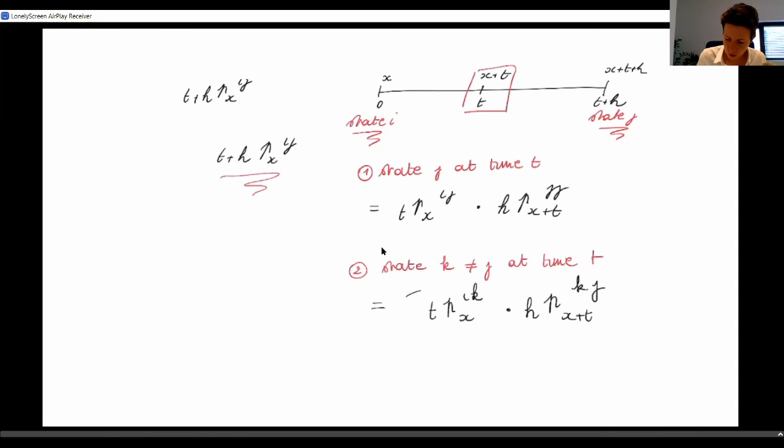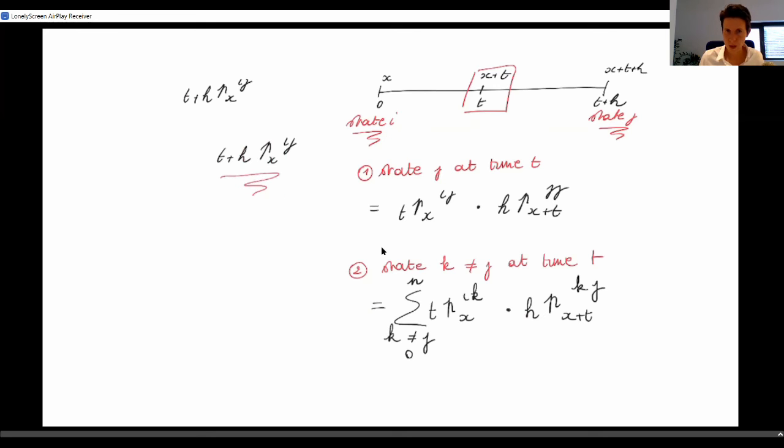So I should put a sum in front, and I should take the sum over all the states k which are different from j. So I go from 0 to n, but I won't take state j into account. So if I put these together, if I take the sum of the probability for scenario 1 and the sum for scenario 2, these are distinct scenarios. These are the only scenarios that can happen. That all together would give me this transition probability.